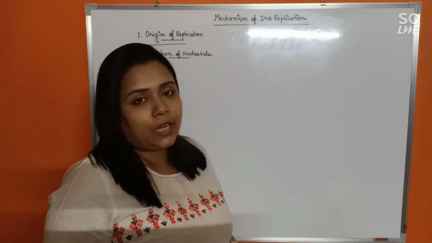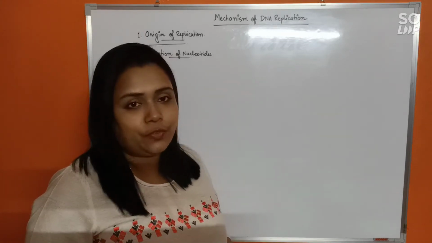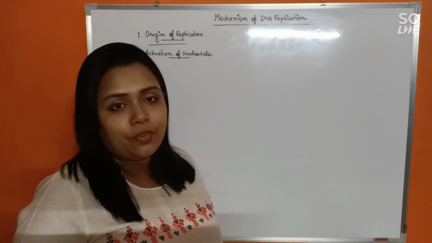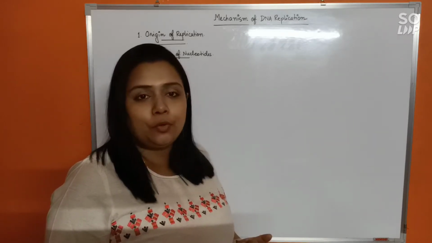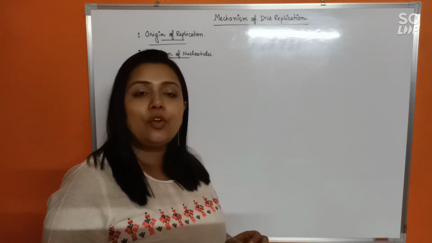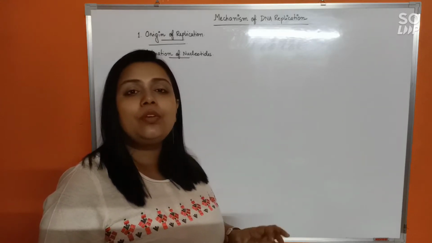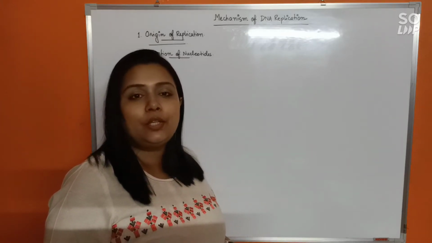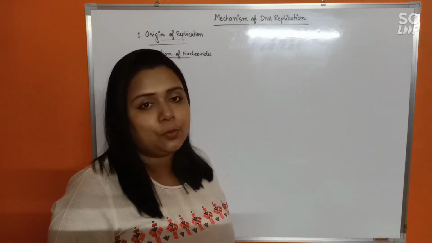The nucleotides, that is deoxyribonucleotides: adenosine monophosphate, cytidine monophosphate, thymidine monophosphate and guanosine monophosphate. These are the 4 nucleotides that will act as the raw material for DNA replication. Now these will remain randomly scattered in the nucleoplasm until the DNA replication process has to begin.